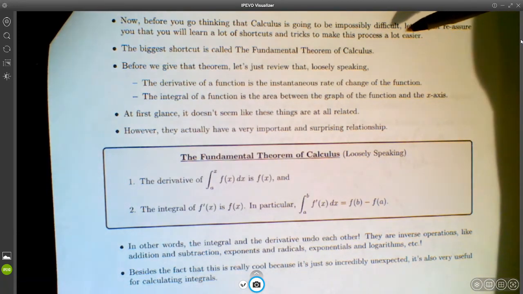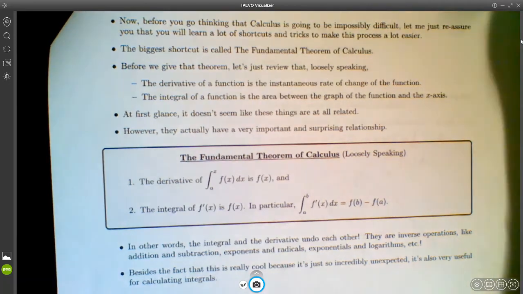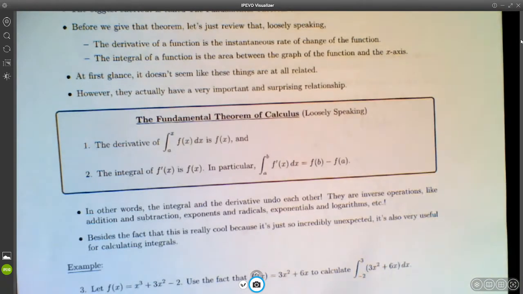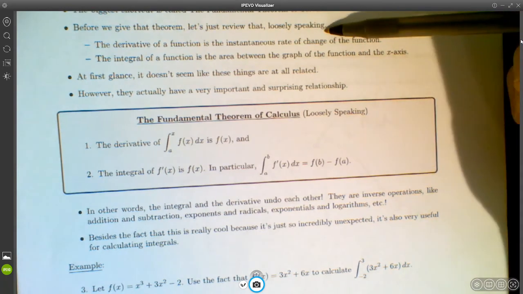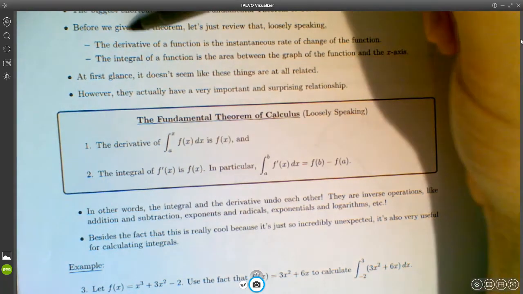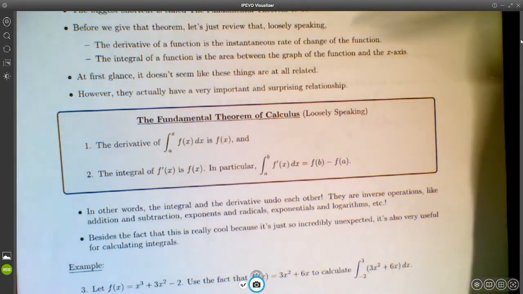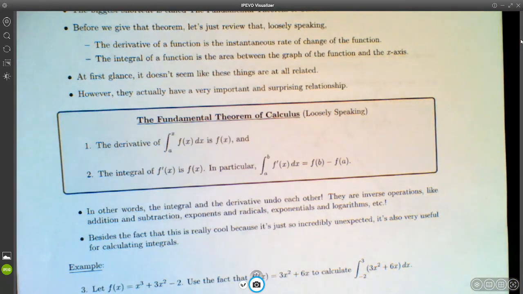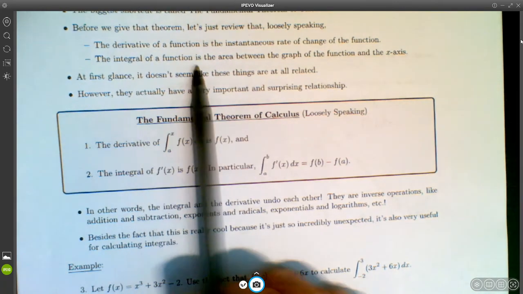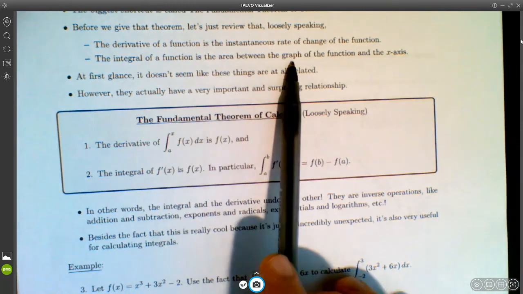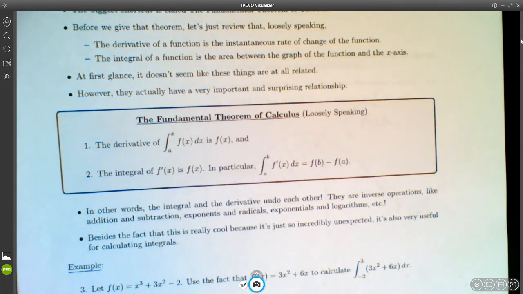So before we talk about it, a little bit of background. This is all just loosely speaking. The derivative of a function is the instantaneous rate of change of the function at a particular value. We talked about that way in chapter 1, when we talked about derivatives. The integral of a function is the area between the graph of the function and the x-axis.